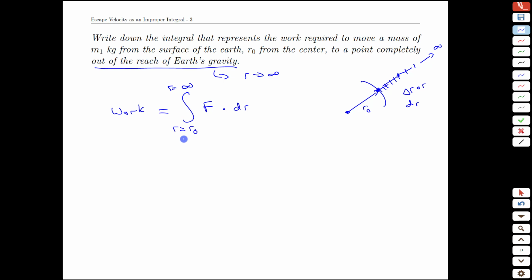And so that's what we capture with this notation here. We actually have formulas, though, for our force. It's G m1 m2 over r squared dr. That's the force from Newton's Universal Law of Gravitation. And we can see here how that natural statement of find the work required or the energy required to move something out of the reach of Earth's gravity naturally leads to an improper integral.